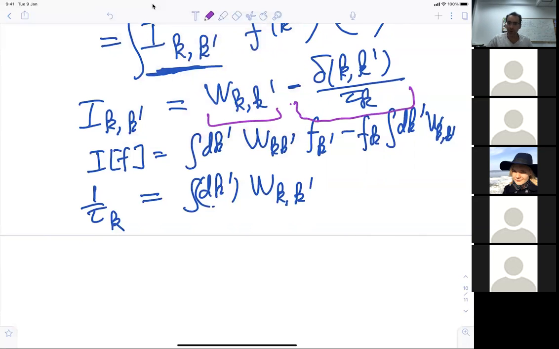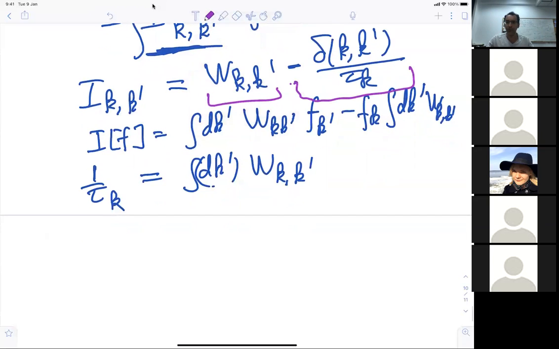So in many cases, in order to estimate, rather than computing things carefully with coefficients, it's sufficient to replace the whole thing by its diagonal part and just forget about the non-diagonal part of the collision integral.